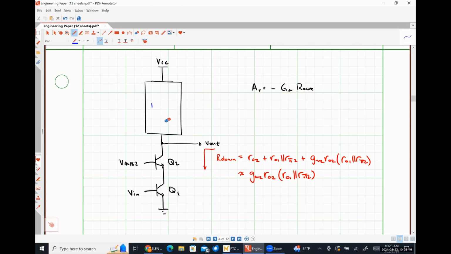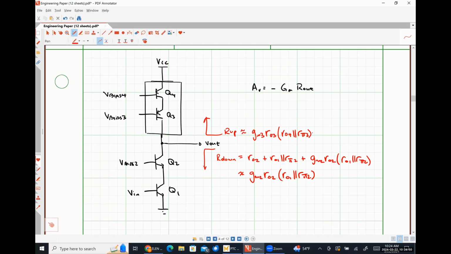So for simplicity's sake, we might put a cascode PNP transistor current source, where let's call this Q3, this Q4, Vbias4, Vbias3, and now the resistance seen looking up is going to be approximately gm3 rO3 times rO4 in parallel with rπ3.